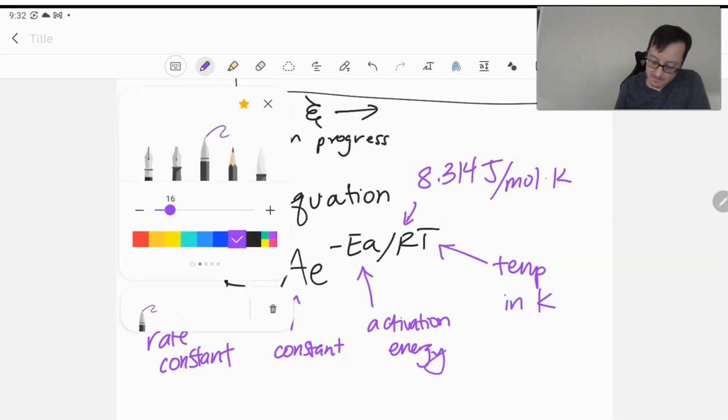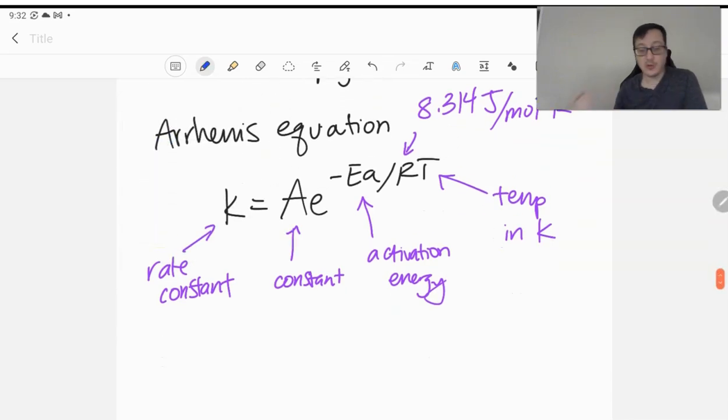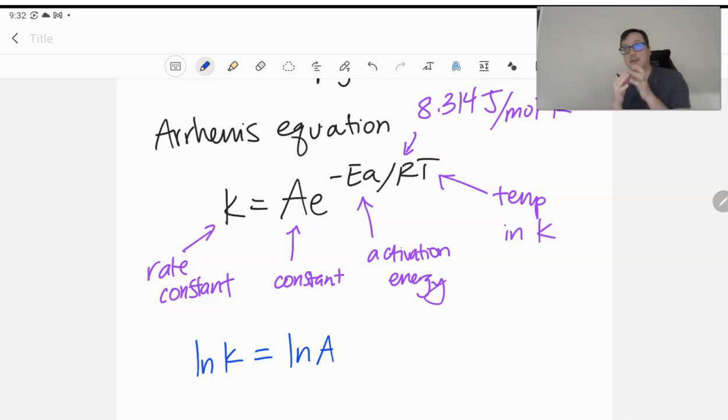If we go ahead and mess with this equation and take the natural log of both sides, which we can do, remember that if you have a product within a natural log, you can separate that as addition. So we have A times E, so we can go ahead and split those apart. ln of A becomes ln A. ln of E to the whatever just becomes the whatever.